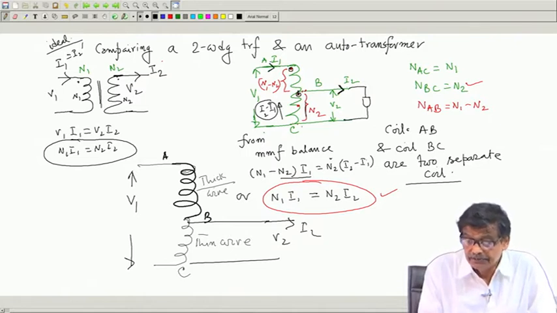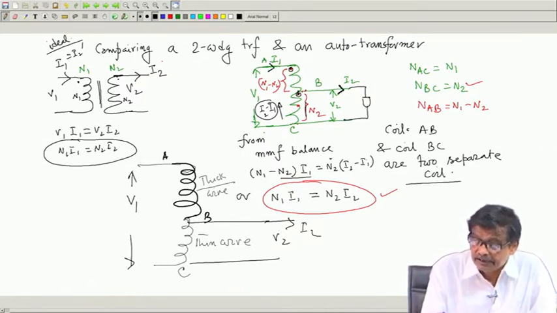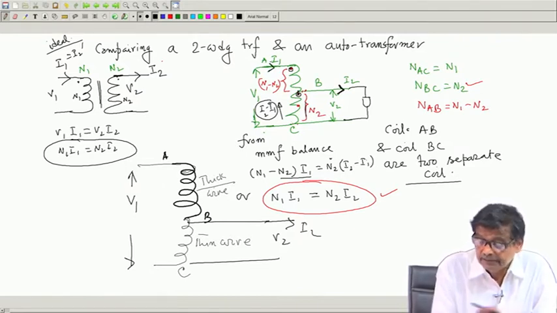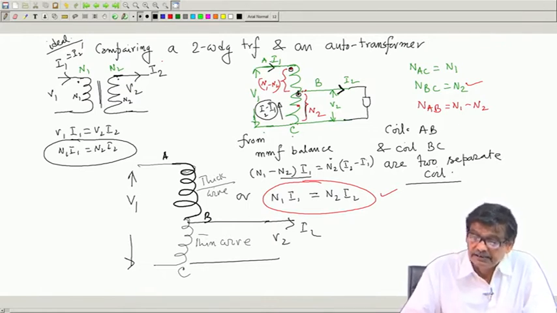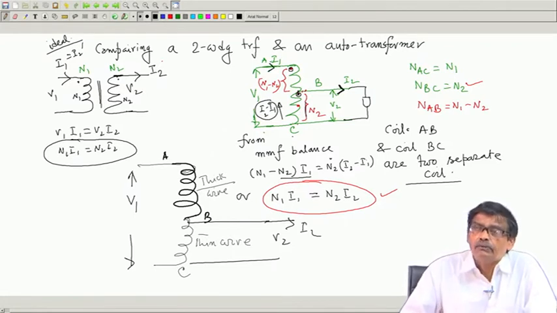But looking carefully, if this current is I 2 and this current is I 1, then current in the common portion B C is the difference of these two currents, and the currents, as you know, are in phase.